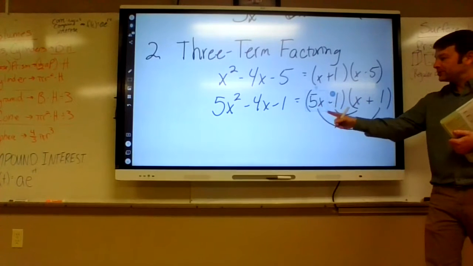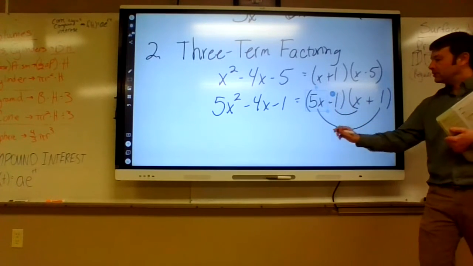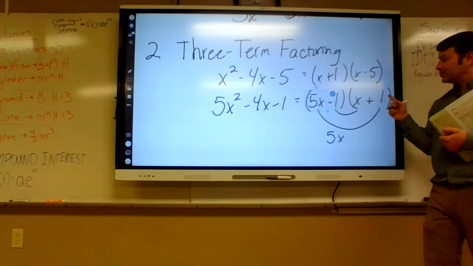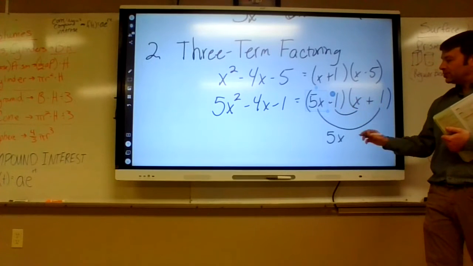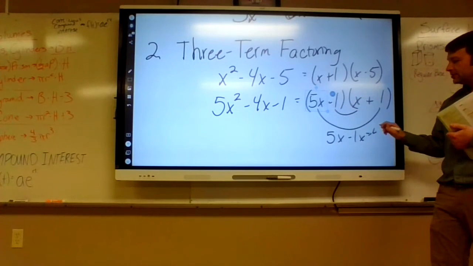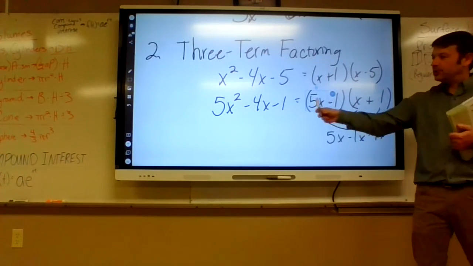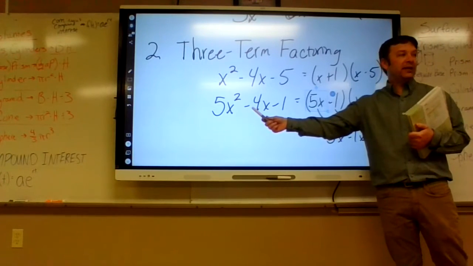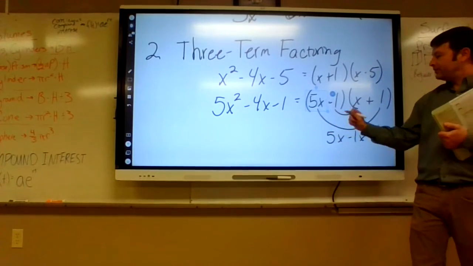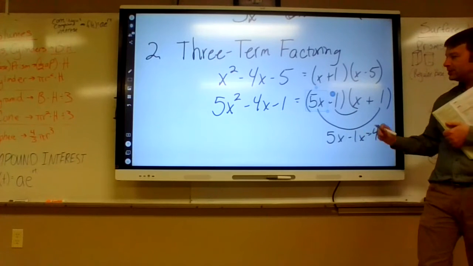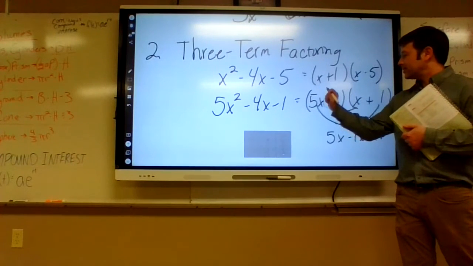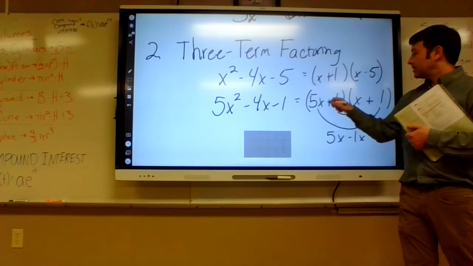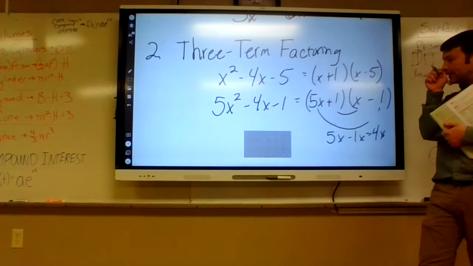So on the outside, we get 5x times 1. On the inside, we get minus 1x, which is 4x. But we actually want negative 4x for our middle term. So if you get the right number, but it's the opposite, you just need to make your signs opposite. So make that a plus, make that a minus, and now you're good.